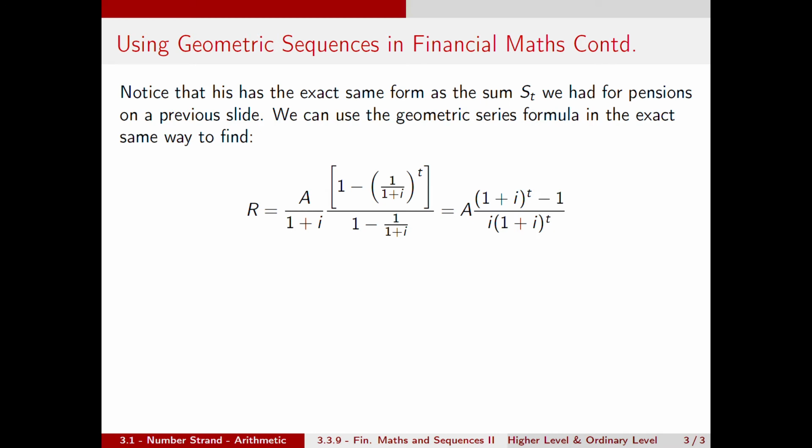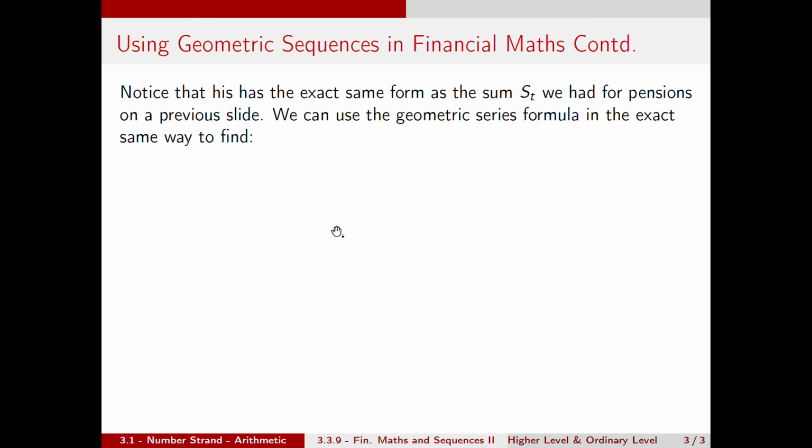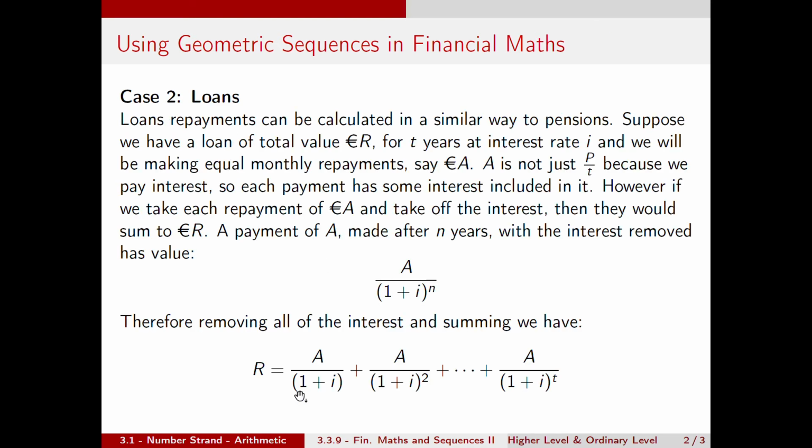So here, this looks like a bit of a mouthful, but all we have is R is equal to A all over 1 plus I, where this is our A term, sorry, this is the first term from this sum of numbers.